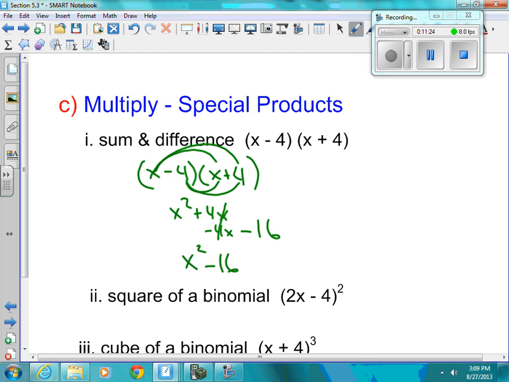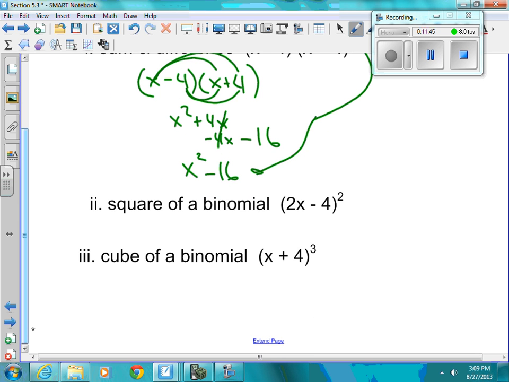We get x squared minus 16. Okay? Difference of squares is another way to say this. Difference of squares, right? That's what you end up with. Okay? So that's kind of that pattern. The middle term cancels out when we multiply.